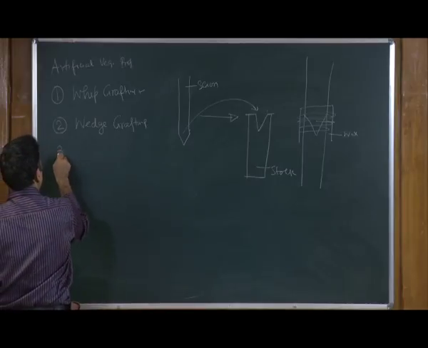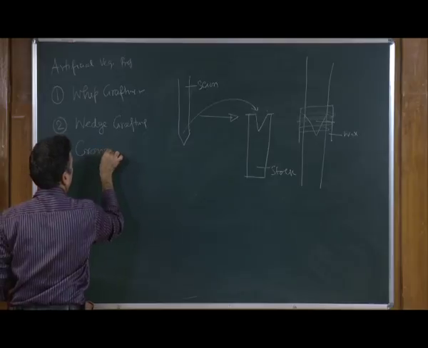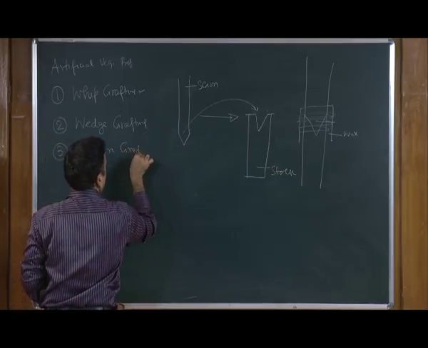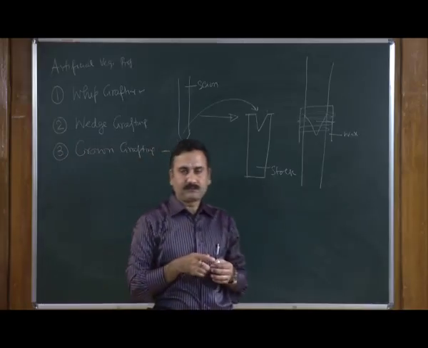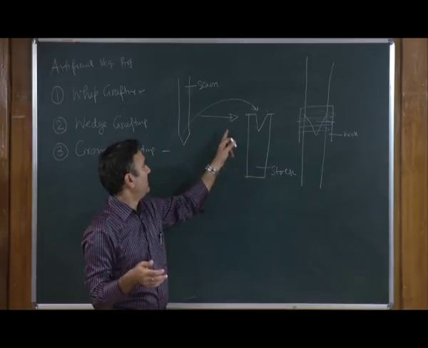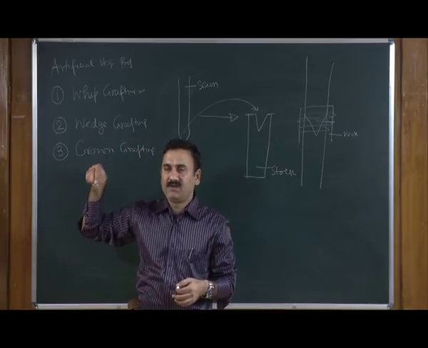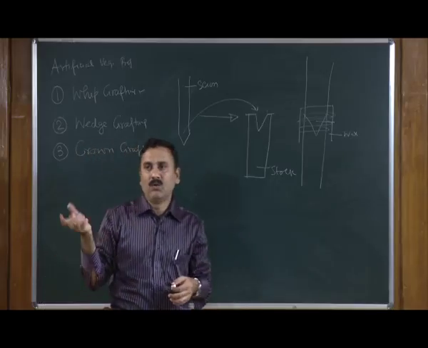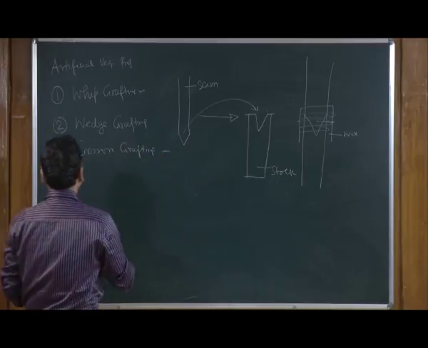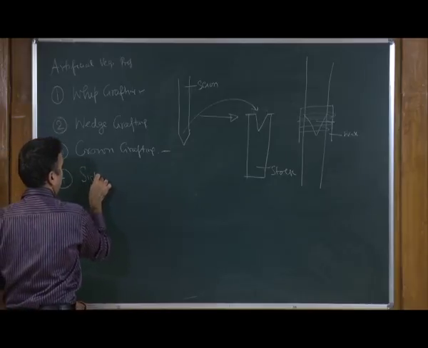Number 3, you can do a crown grafting. In the crown grafting, you do exactly the same way, but you put multiple wedges on the single stock, and that is actually called crown grafting. Then you have the side grafting.